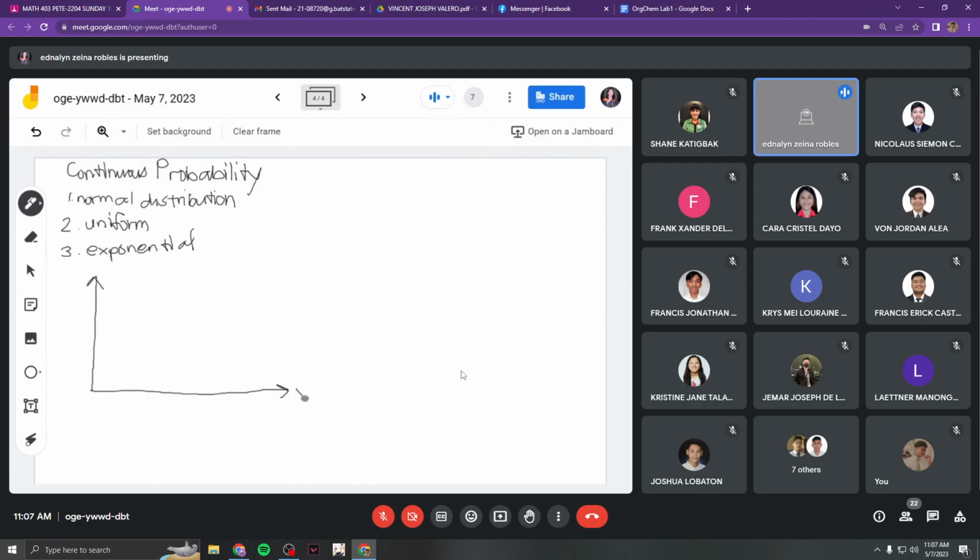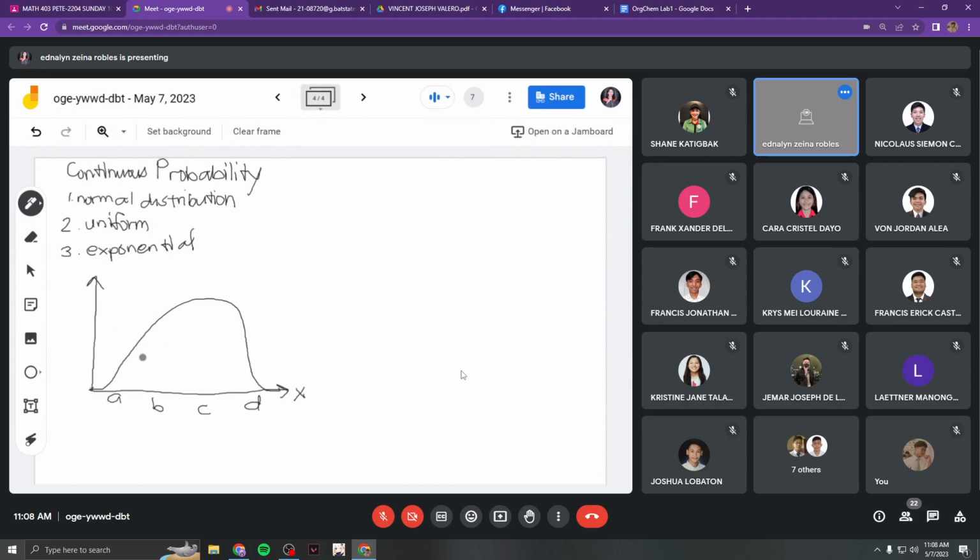So we do have our x-axis and y-axis. On x-axis, it includes the random variable ranges, or it includes our range. So for example, this is our point A, point B, point C, and point D. And our curve, as what we've mentioned, is a bell-like curve.